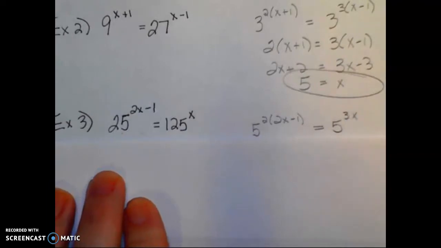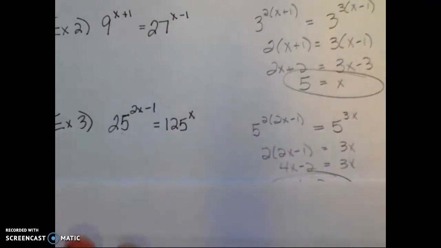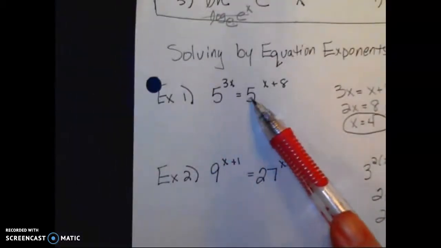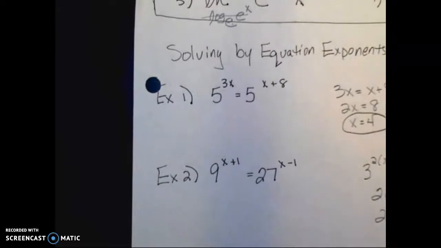Now that you have the same base, you can set the exponents equal to each other and solve. Okay, that's what happens when you just have numbers that either are the same base or you can force them to be the same base.